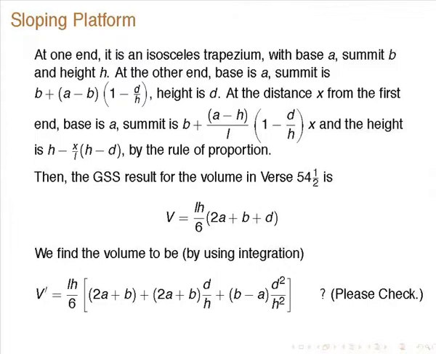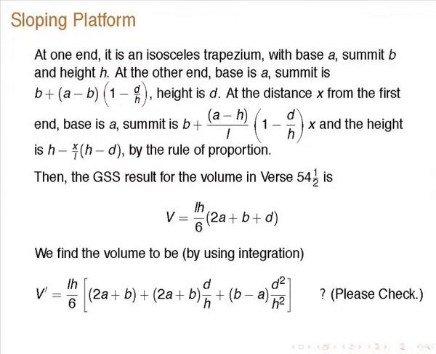When D is equal to 0, top and bottom are the same at the left end and width is A. When D is equal to H, that is uniform cross section, the second term is 0 and width at the top is B. For an arbitrary D, the width at the left end is B plus (A minus B) into (1 minus D by H).